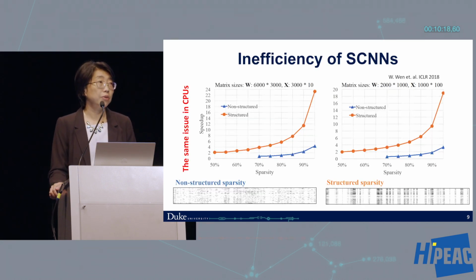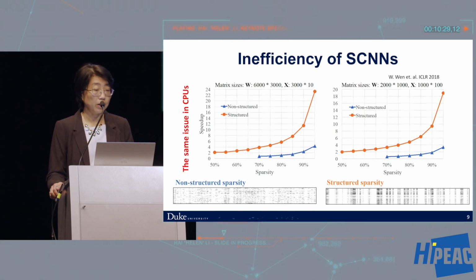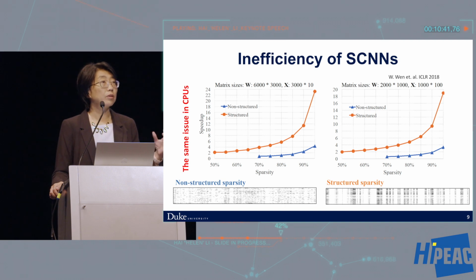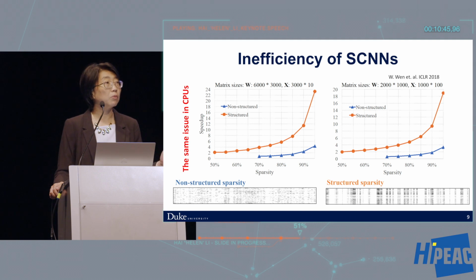Similar situations can be observed from CPU executions. Here we demonstrate two examples. The orange curve shows the result of structured sparsification, and the blue curve shows the results for non-structured sparsification. When I talk about non-structured, I mean it purely came from the algorithm approach without considering the data structure.